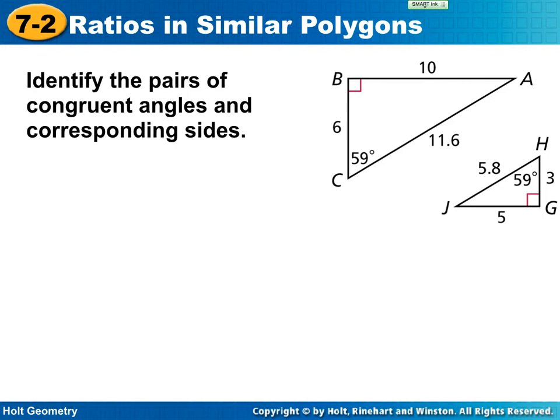I'll show you the answer just a little bit for you to check it. This we're going to clean up and we're going to write in a fraction. BC over GH equals JG over AB, which equals AC over JH.